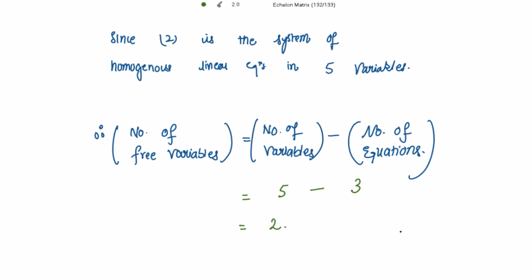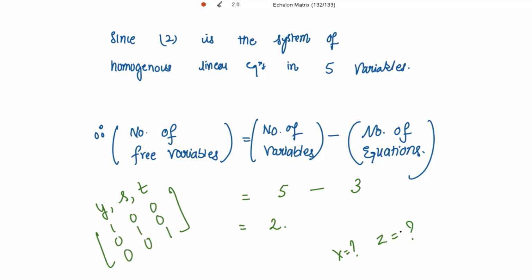And what free variables have we chosen? We have chosen y, s, and t. Now we need to give them some values so that we can get the values of x and z. So what is the format? Just write the identity matrix over here, which means first y is taking the value 1, s is taking the value 0, and t is taking the value 0.